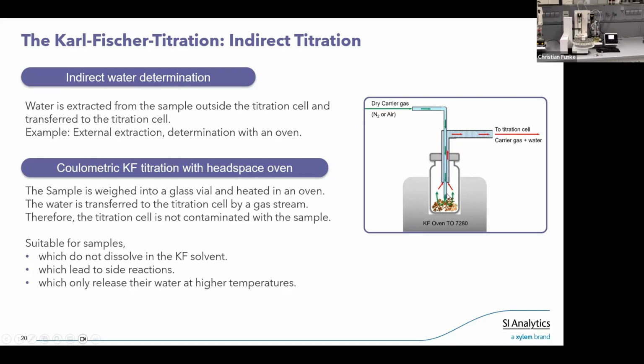Via an inside needle, the carrier gas takes the water and transports it via the outer needle to the titration cell. And this kind of system can be used for samples which cannot dissolve in KF solvents, or maybe lead to side reactions, or only release the water at high temperatures.